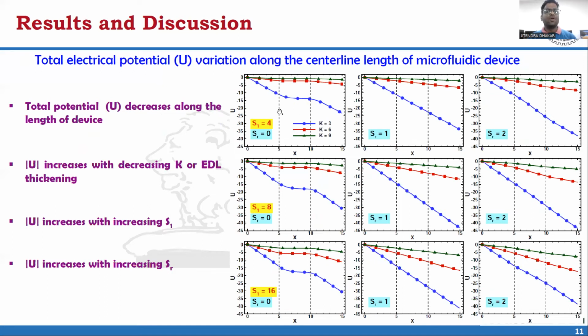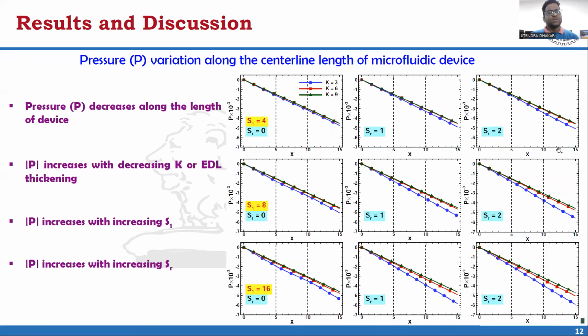And the absolute value of the total electric potential increases with decreasing inverse Debye length or increasing EDL thickness, and with increasing surface area ratio SR from 0 to 2 and surface density S1 from 4 to 16, because the charge attractive forces in the close vicinity of the walls increase with the increment in the S1 and SR, which increases the induced electric field strength. Therefore, total potential increases.